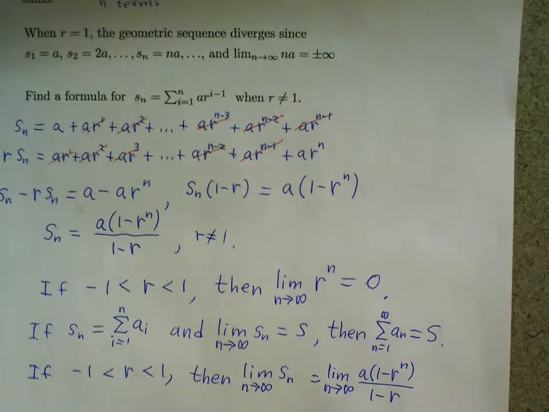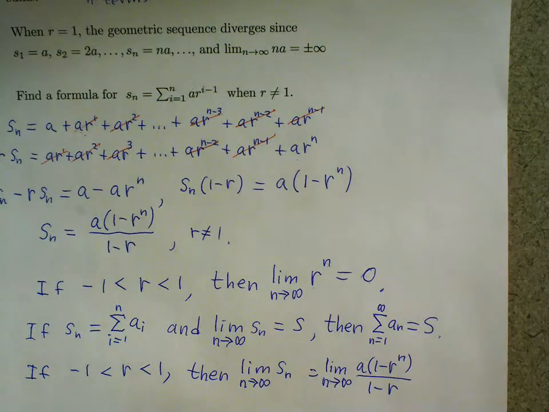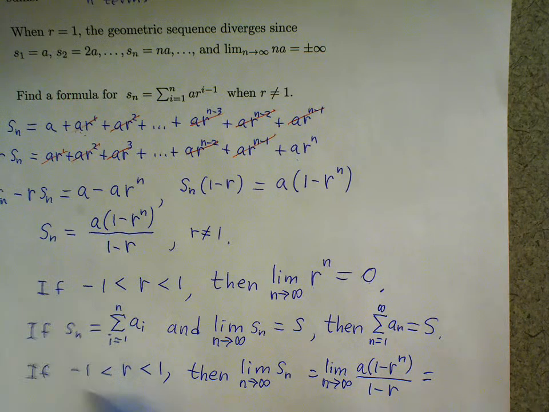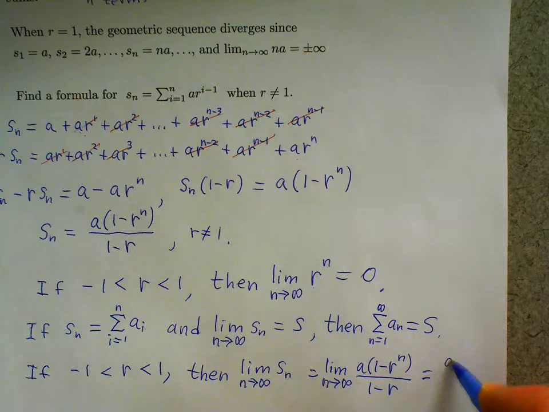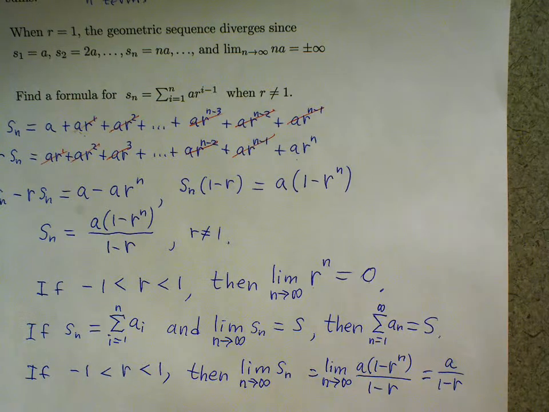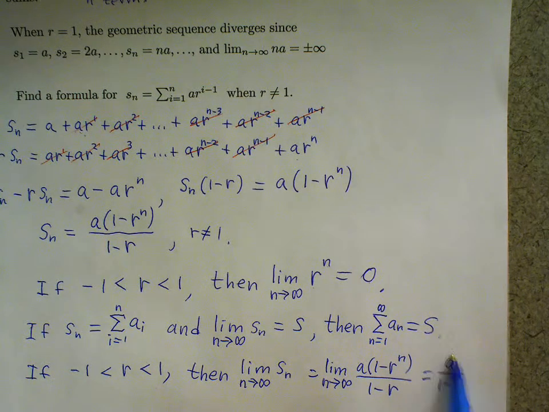What does that limit equal if r is between -1 and 1? Well, the only thing affected by n is r to the n, and if r is between -1 and 1, r to the n goes to 0, and so the limit is a over 1 minus r, which is a finite number if a is a non-zero number and r is between -1 and 1.